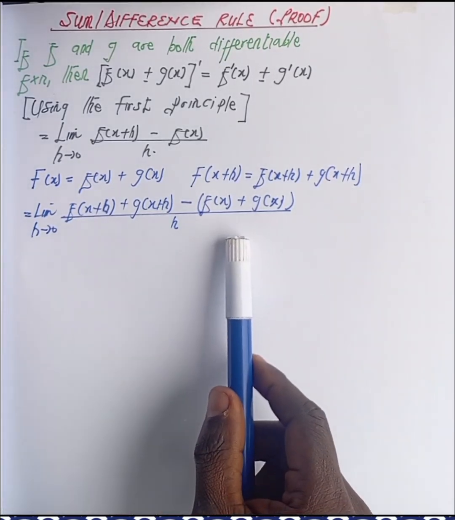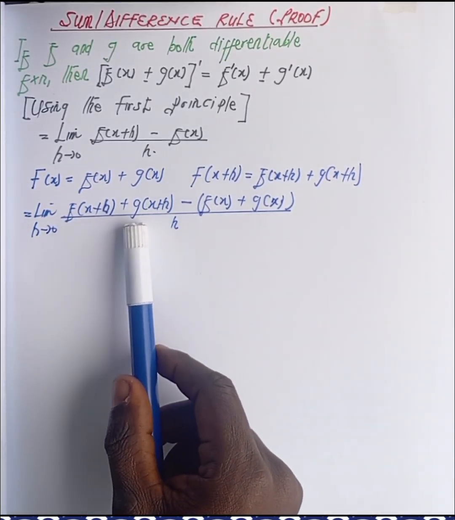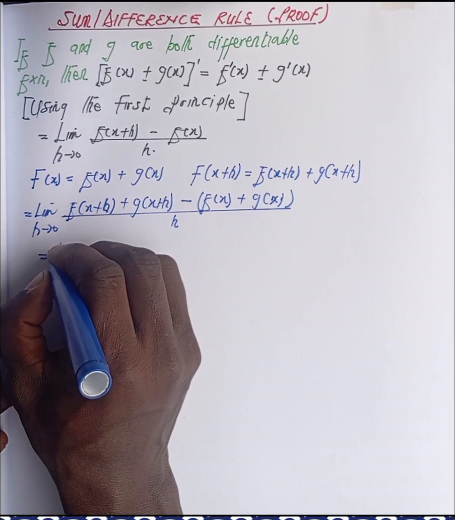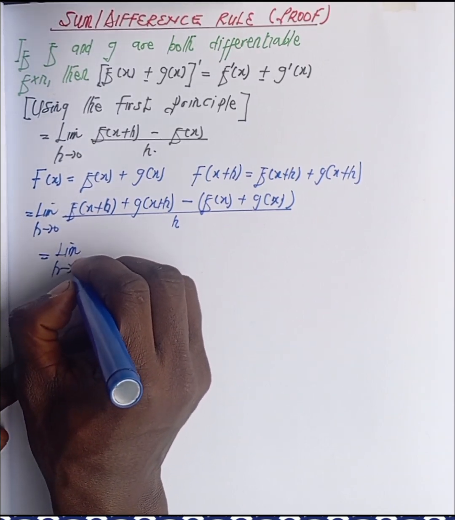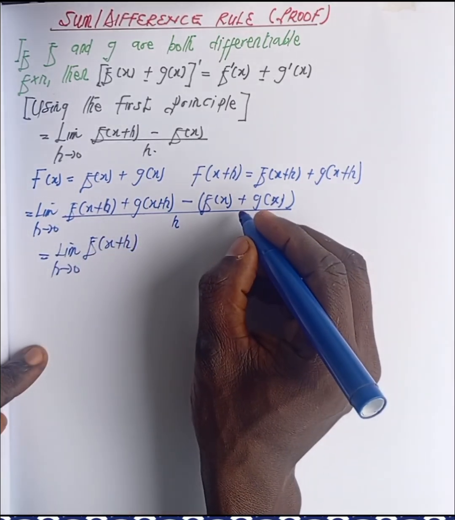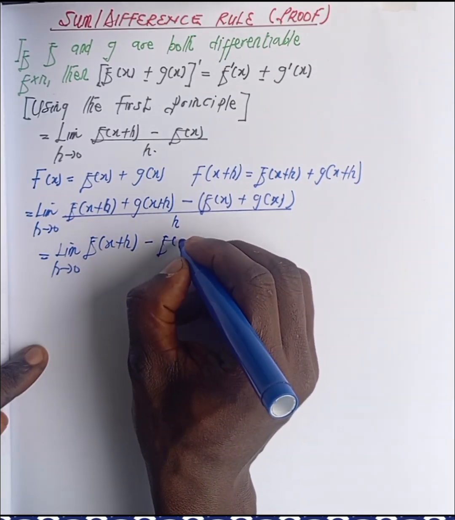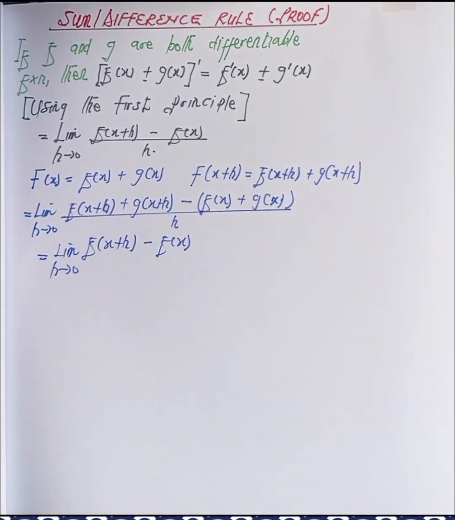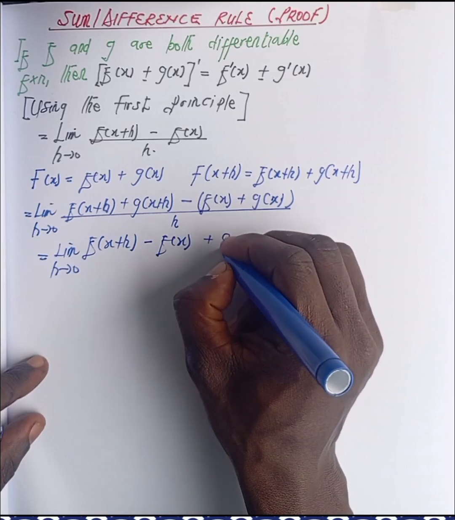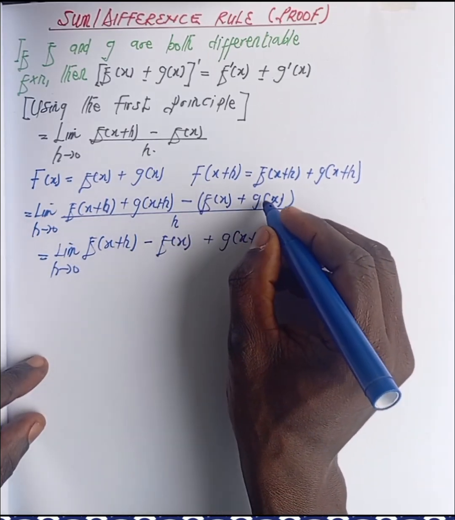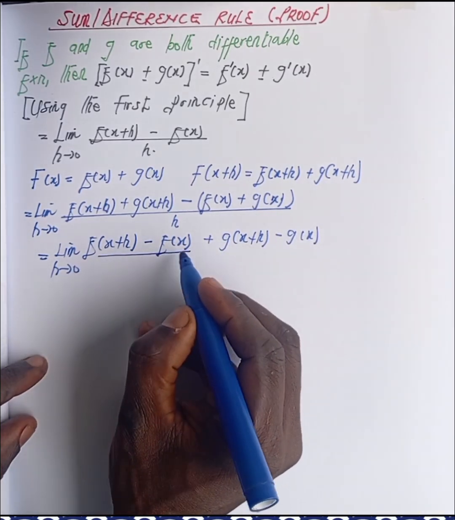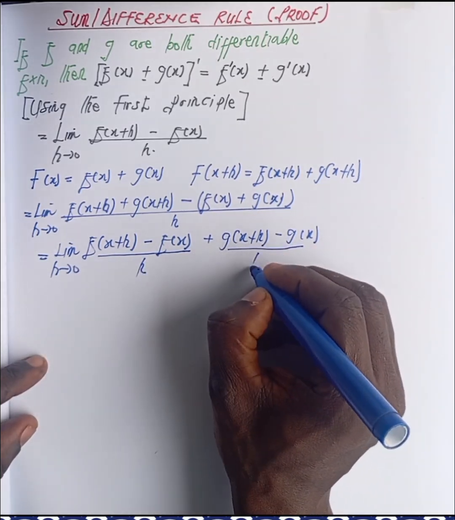Now what we are going to do is to break up this function into pieces of functions of f and then functions of g. So let's break it into functions of f and g. So we have the limit as h approaches 0 of f at x plus h minus f at x, and then plus g at x plus h minus g at x, this one over h and this one too over h.